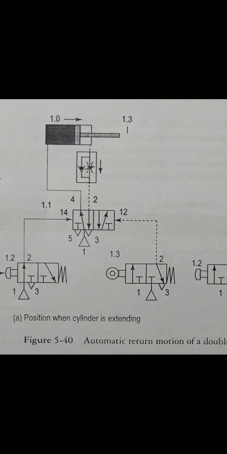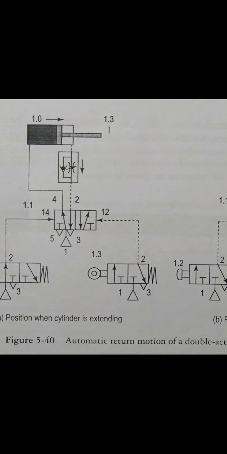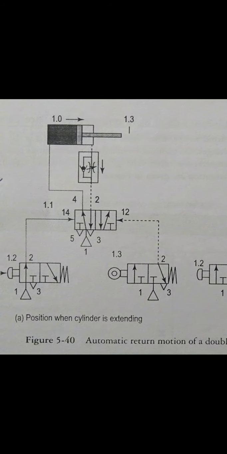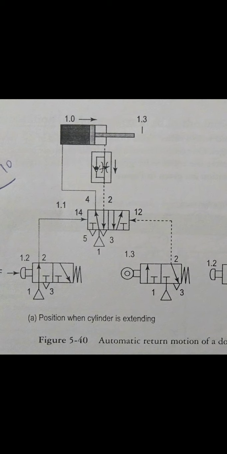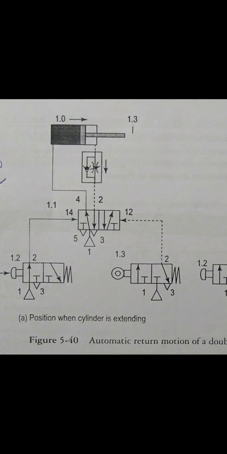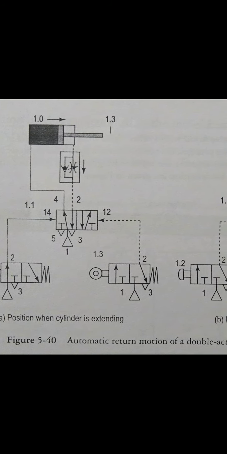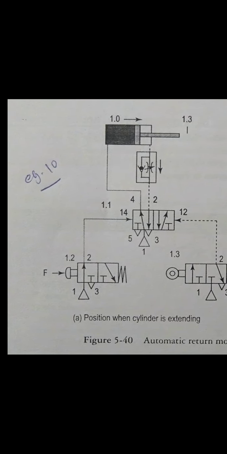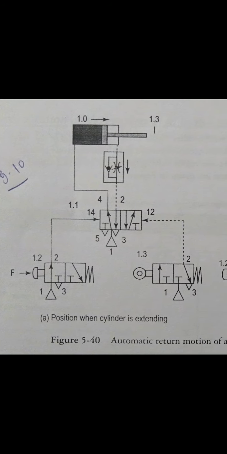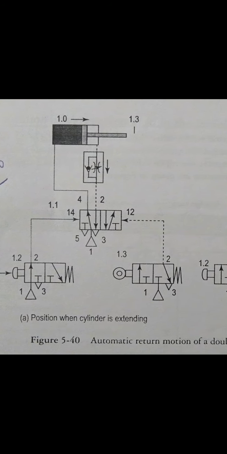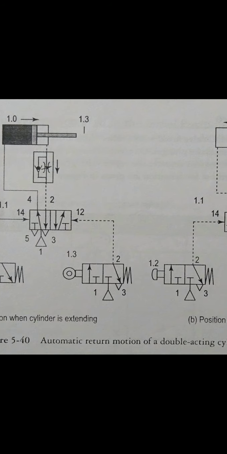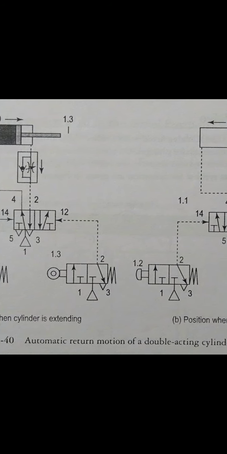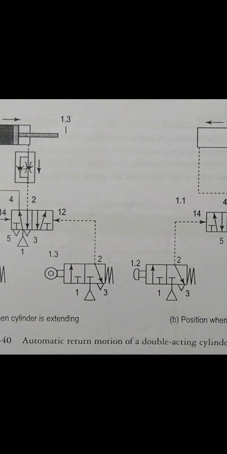To implement the given control task, a 5x2 DC double pilot valve, noted as 1.1, is used as the final control element. A 3x2 DC push button valve, noted as 1.2, is used to initiate the forward motion of the cylinder. A roller valve 1.3 mounted on the extend position of the cylinder is used to obtain the signal for the automatic retraction of the cylinder, right?